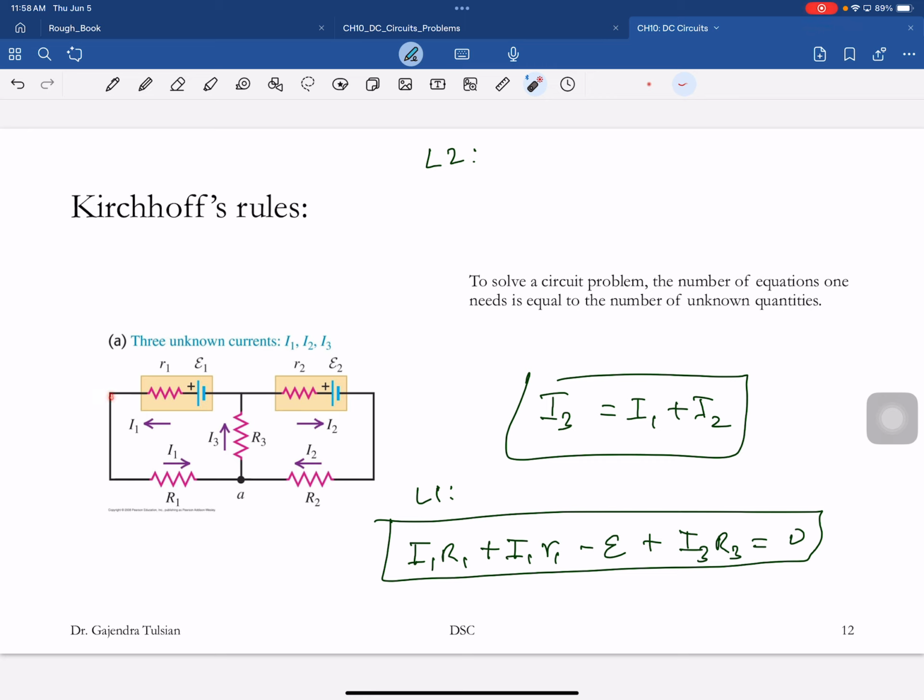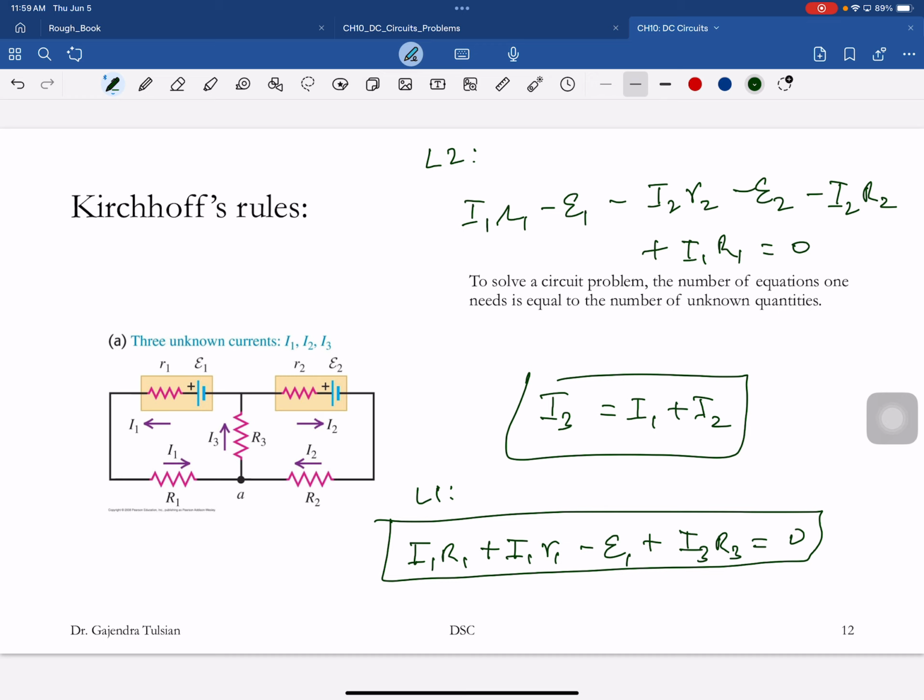I1 little r1 minus u1, then that's going to be negative I2 little r2 minus u2, and minus I2 big R2 plus I1 big R1. So there you go. You have three unknowns and three equations. That's how you'll solve this problem.